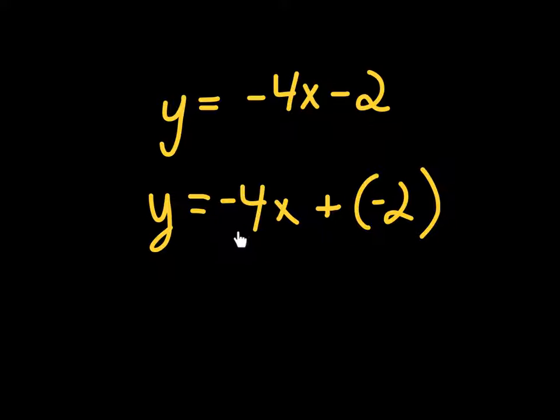This is y equals mx plus b. Negative 4 is in our m position of slope-intercept form. And do you remember what m is? M is the slope. So our slope of this line is a negative 4.